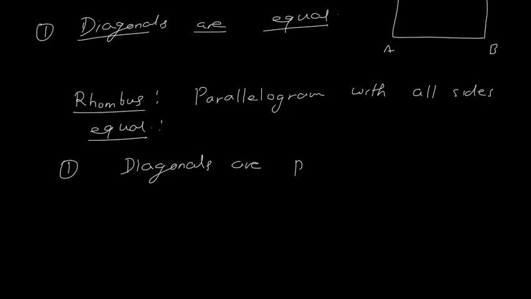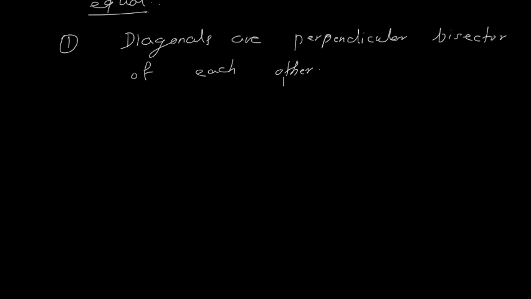Diagonals are perpendicular bisector of each other. Now what we mean by perpendicular bisector? So perpendicular bisector means they bisect at 90 degree.